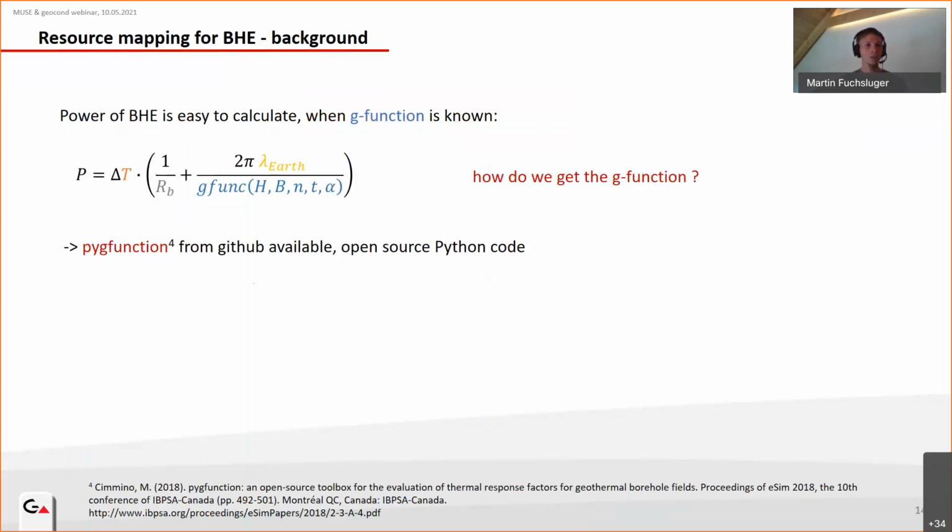It's called G function, and it's developed by Massimo Cimino. You can see the citation below. It's a really impressive tool. You can make whole simulations of a borehole heat exchanger field in really quick time, and I use it just to calculate the G functions. We will see later on.